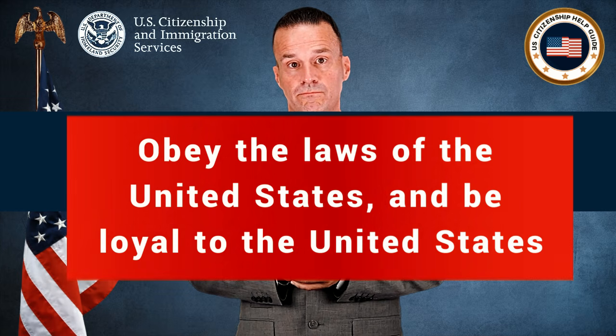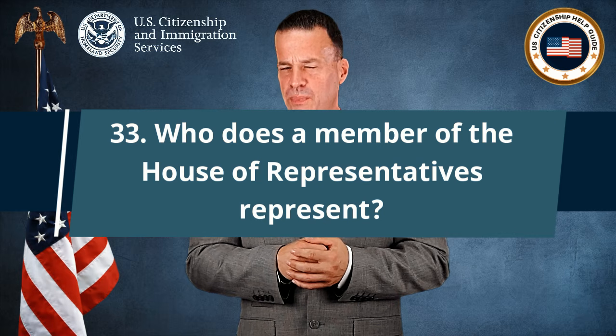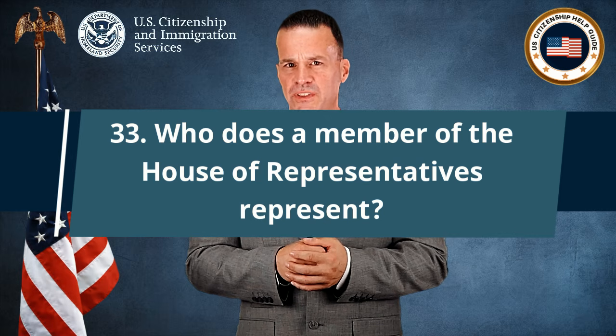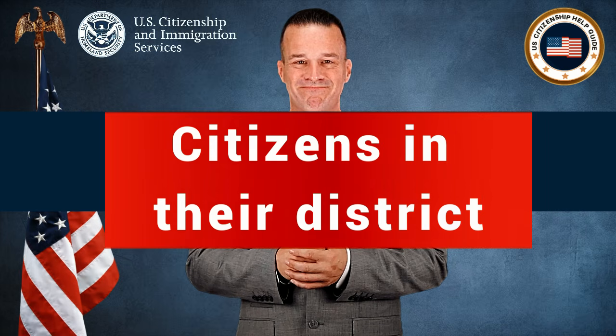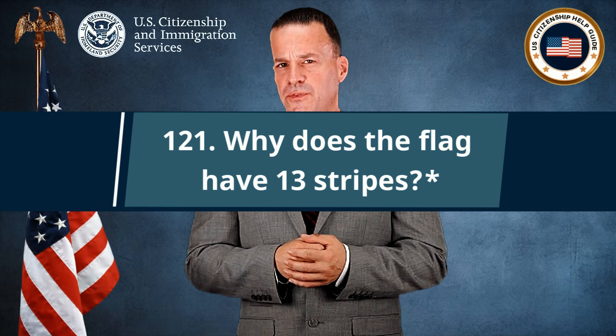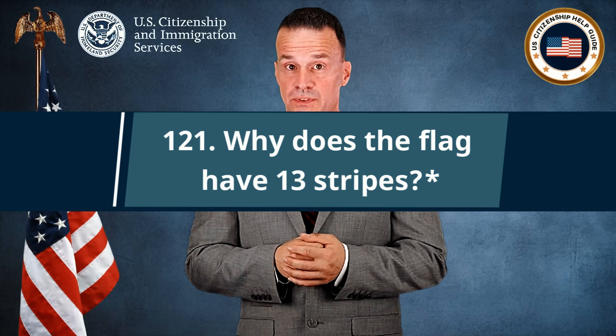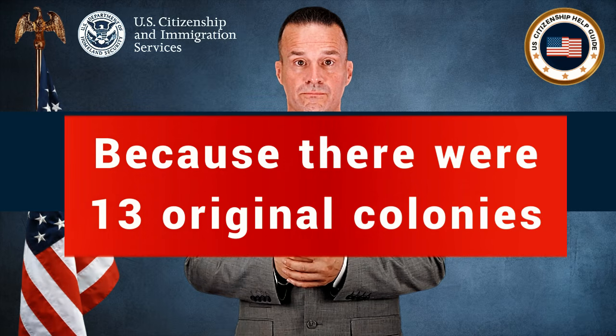Obey the laws of the United States and be loyal to the United States. 33. Who does a member of the House of Representatives represent? Citizens in their district. 121. Why does the flag have 13 stripes? Because there were 13 original colonies.